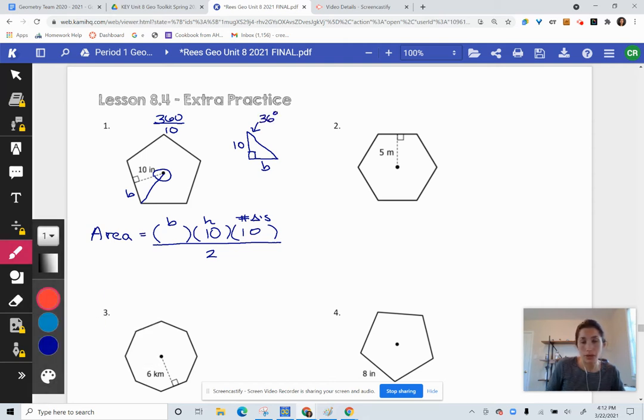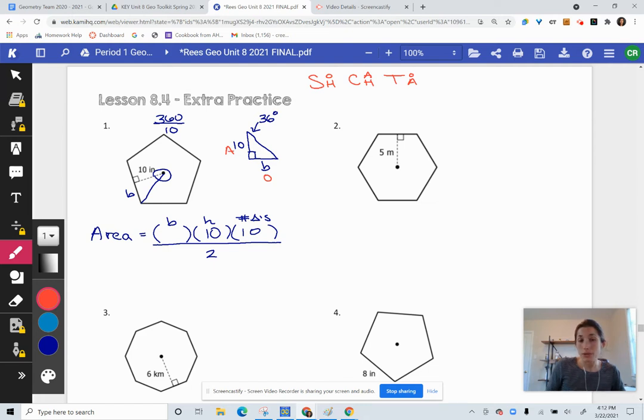So now from that 36-degree angle, we're figuring out whether this is going to be a sine, cosine, or tangent ratio, SOH CAH TOA. From 36 degrees, this side is opposite, it's across from, and this side next to the 36 degrees is the adjacent side.